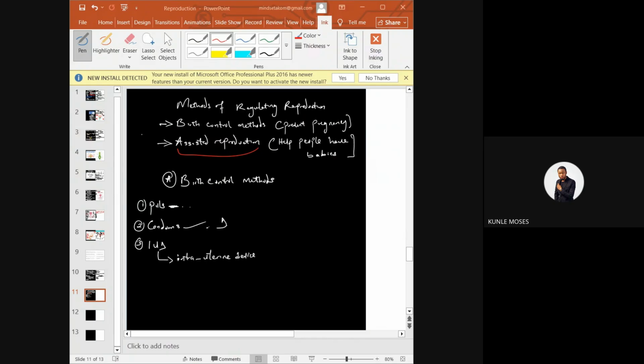Let's move into things that matter. Don't ask me questions on missionary or non-missionary. So I believe you got all those things. Both pills, condoms, and IUD are for birth control, while IVF is for assisted reproduction. It helps fertilization to occur outside the body, and that is all about that.